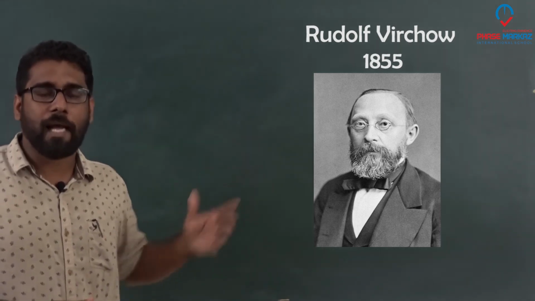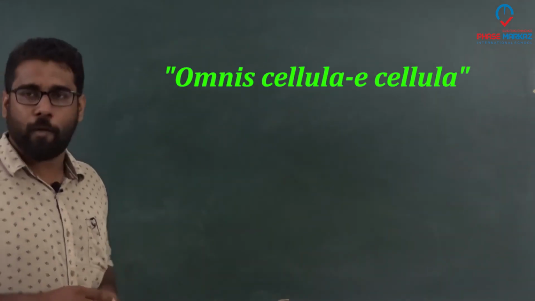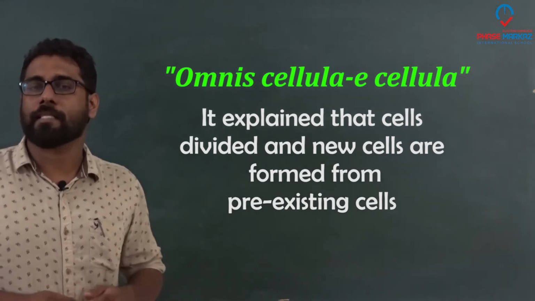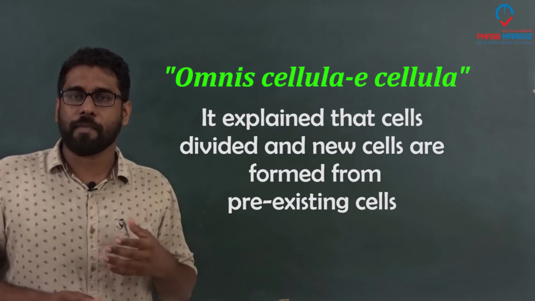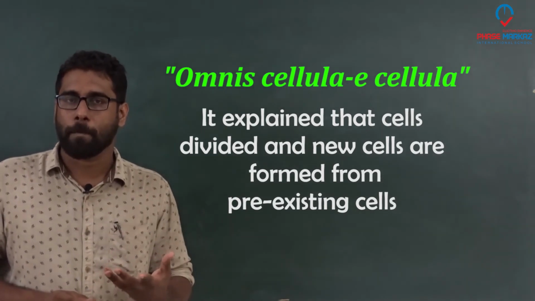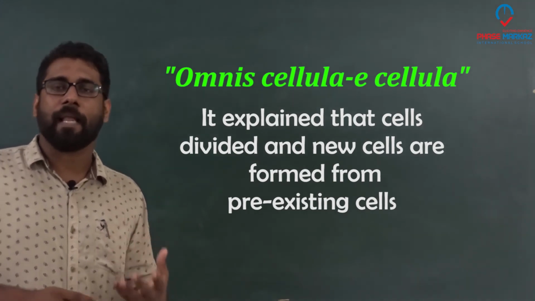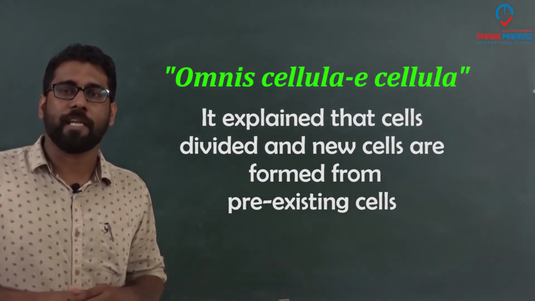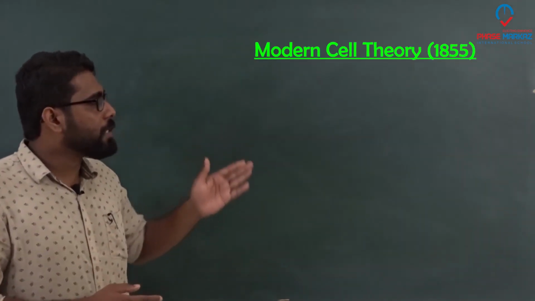He quoted in his book a statement, omnis cellula e cellula, which means all cells arise from pre-existing cells. All the cells in plants and animals in the entire world arise from pre-existing cells.